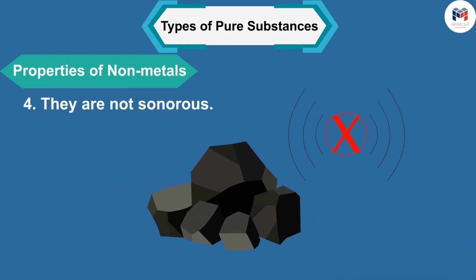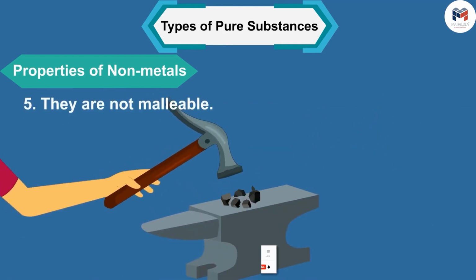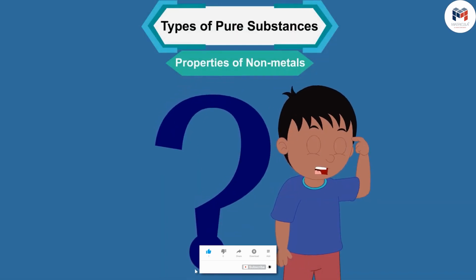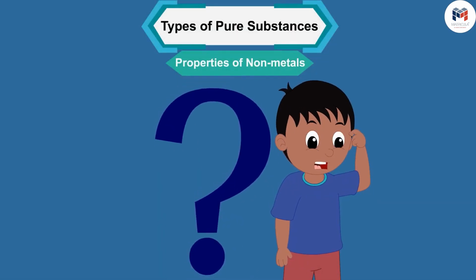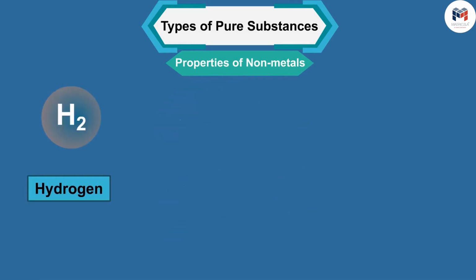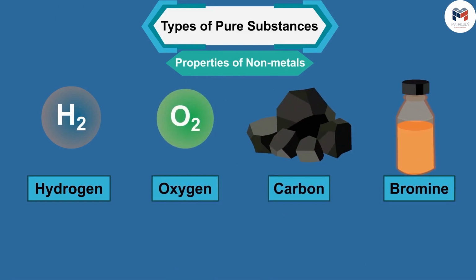They are not sonorous. 5. They are not malleable. Can you think of some examples of these? Examples of nonmetals are hydrogen, oxygen, carbon, bromine, etc.